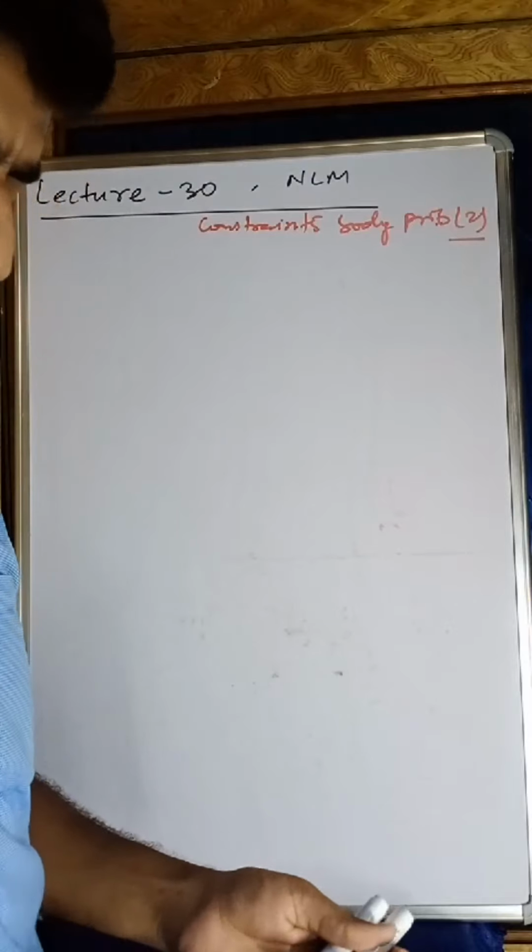We studied part 1 earlier. I suggest you go and find my video on YouTube, lecture number 29, and you will get the concept of how to solve this type of question. Directly I am taking the questions here in this second part.